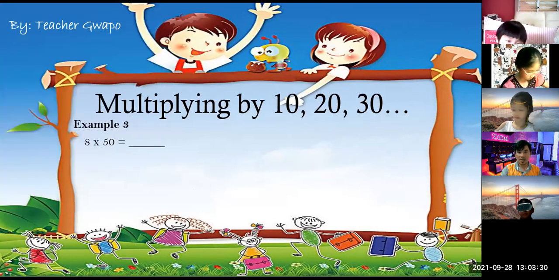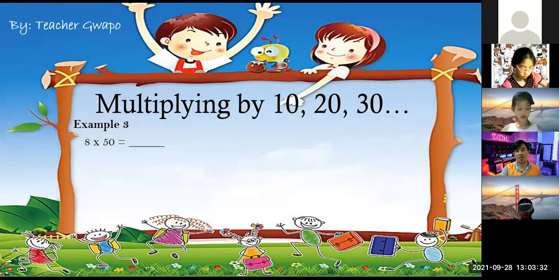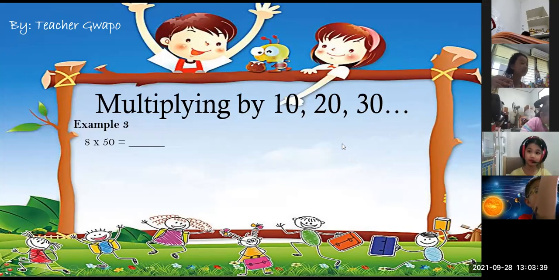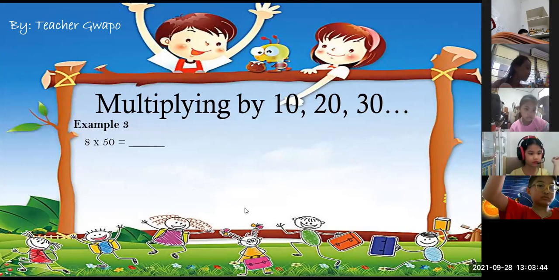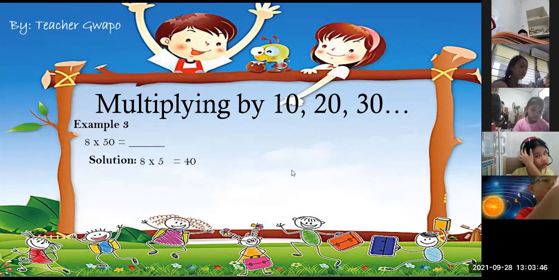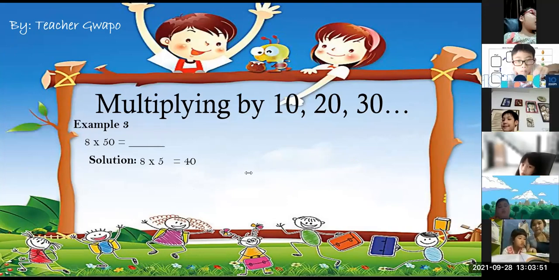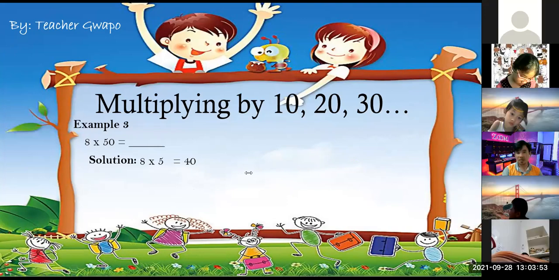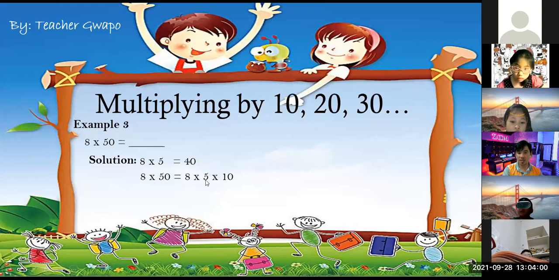Another example here, 8 times 50. If we multiply 8 and 5, in our solution, 8 times 5 is equal to 40, right? Now, 8 times 50 is equal to 8 times 5 times 10.